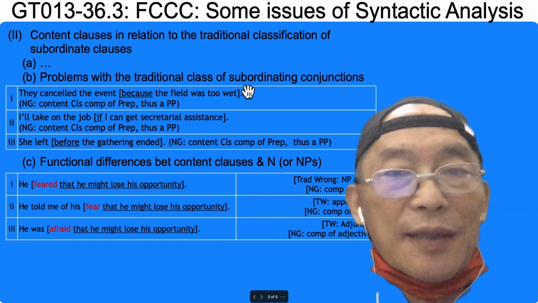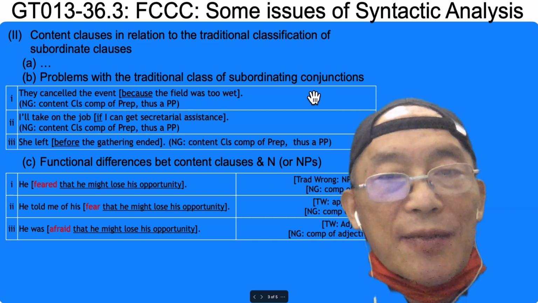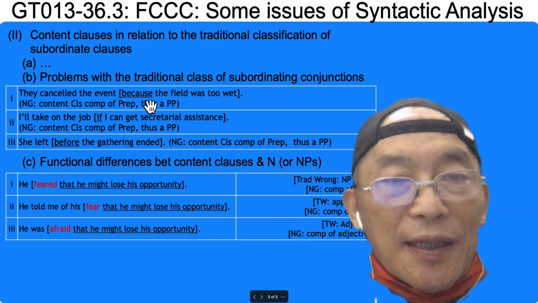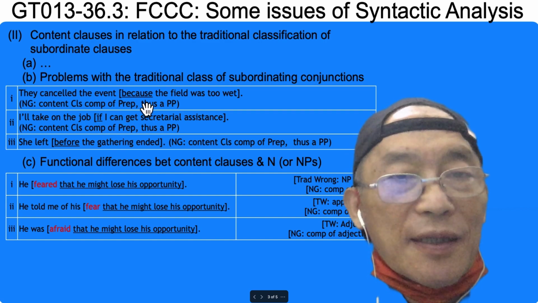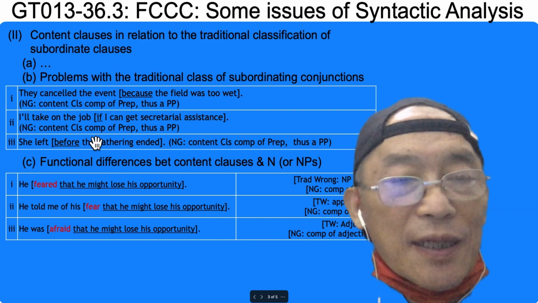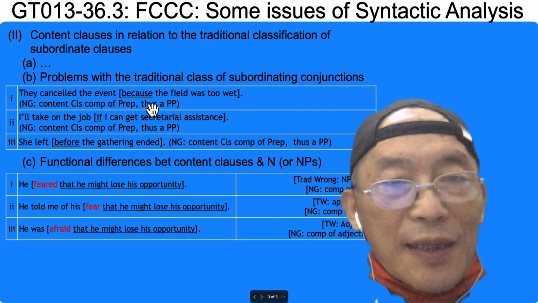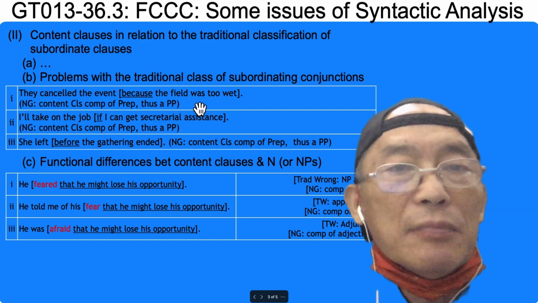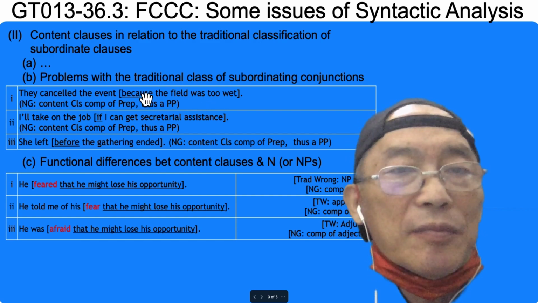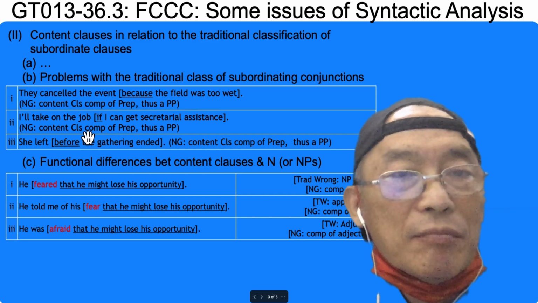Let's check the second reason. Traditionally, they would treat this as subordinating conjunctions. This, because, and for if, and for before. So, subordinating conjunctions, and then after that, it's a reason adjunct, so adverb clause.